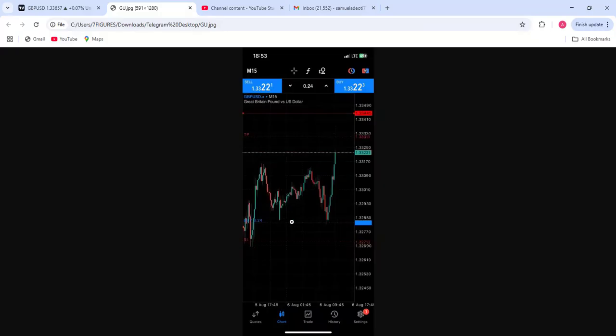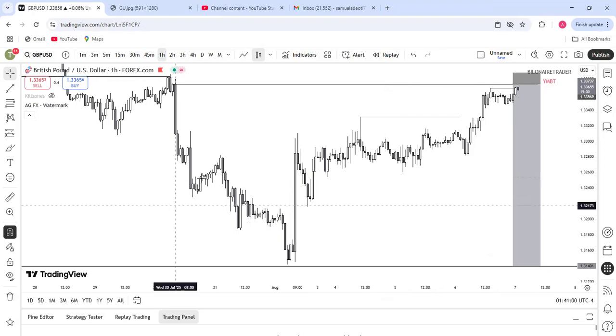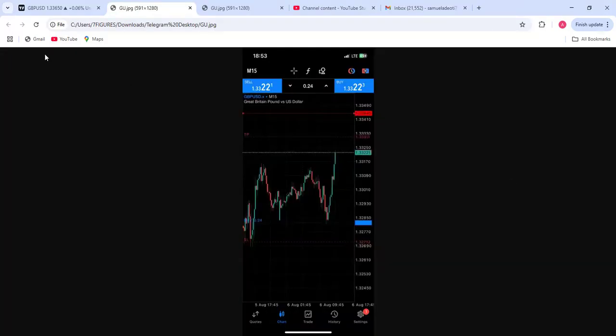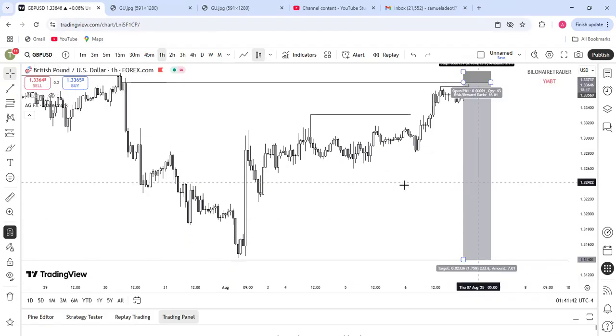We had this GBP USD trade. I want to put it here with TradingView, but it's not coming out.